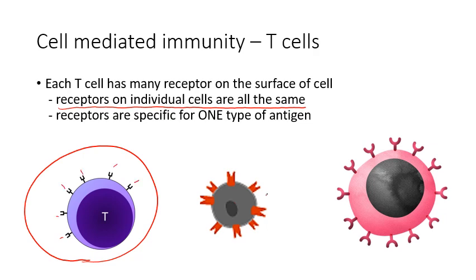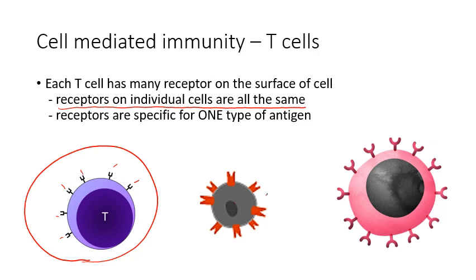Now, on a typical cell that is not a T cell, you would not expect them to have only one type of receptor on the surface of their cell. You would expect them to have hundreds, if not thousands, of different types so that they can interact with lots of different molecules and lots of different signals that are sent to them.